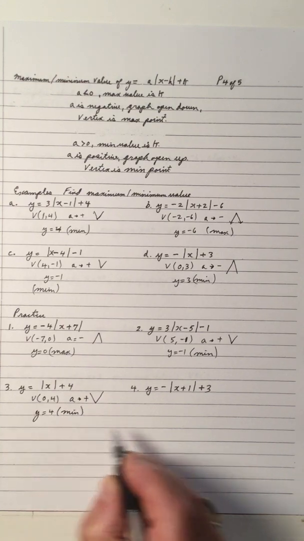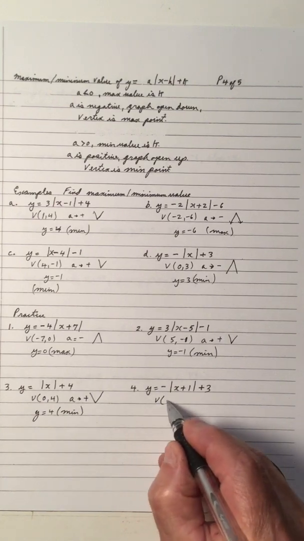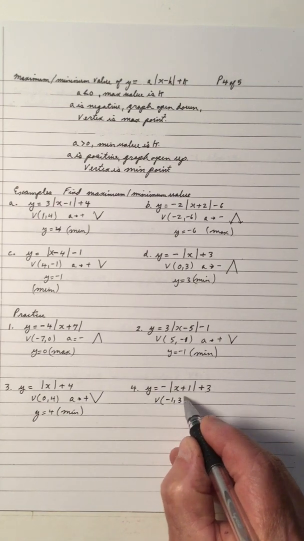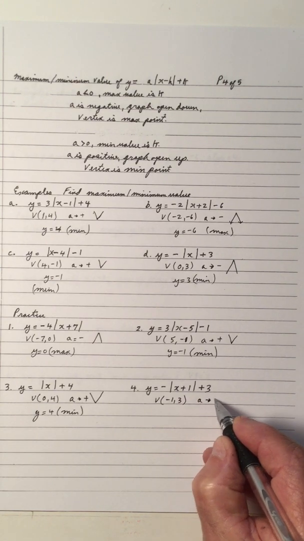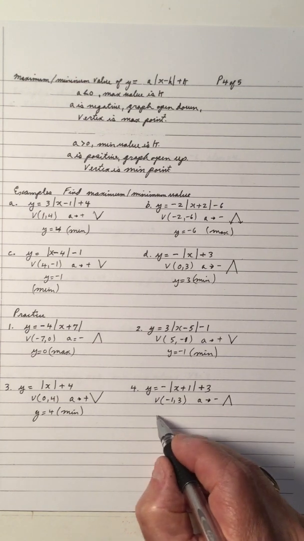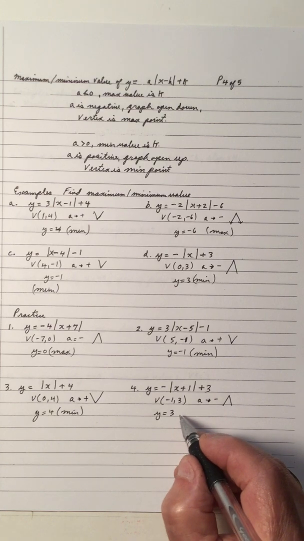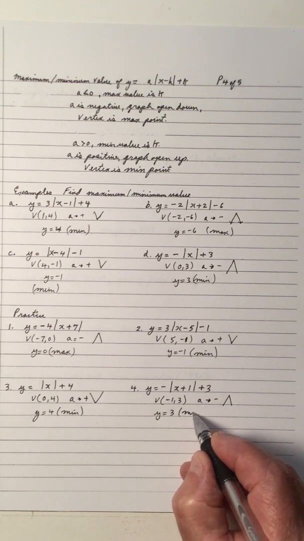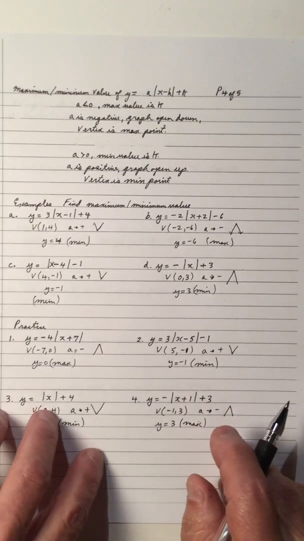And again, absolute value, so the vertex is (-1, 3), and a is negative. Negative means it opens down, so that means the maximum point. So y equals 3 is the maximum value of this function.